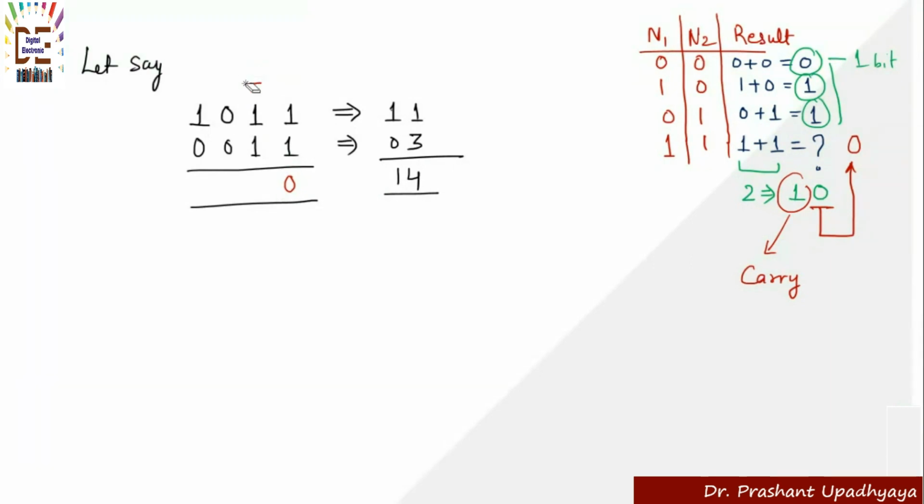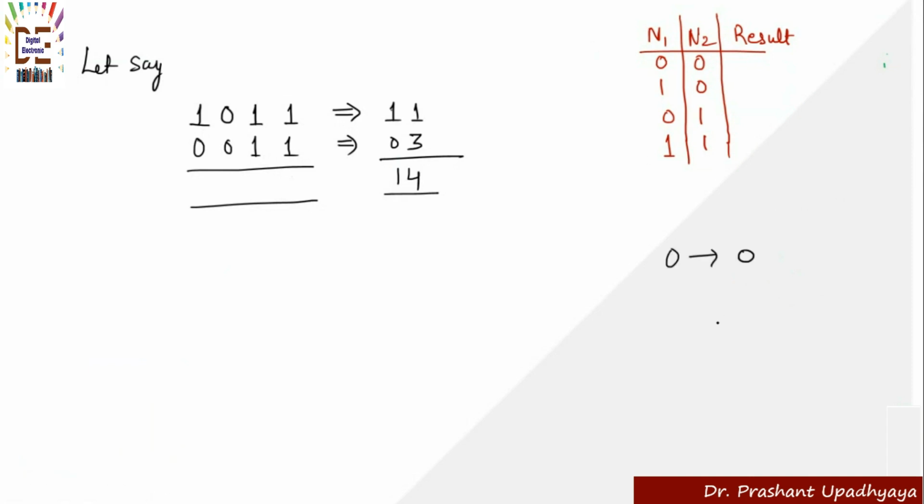I am just repeating it again. If I am writing these, these are all my binary numbers. What is the decimal equivalent of 0? It is 0 only. This is your binary and this is your decimal number. And what is the decimal equivalent of binary 1? It is 1.